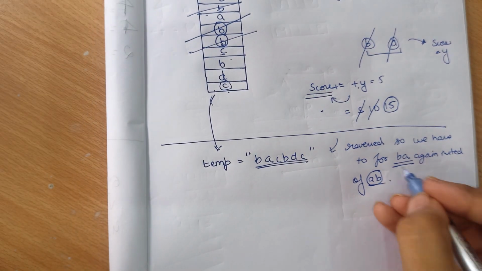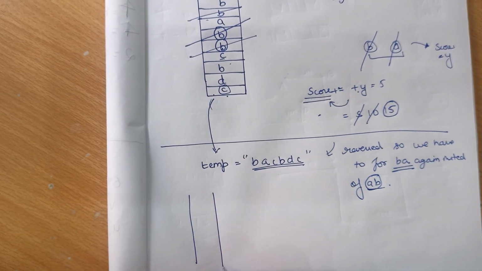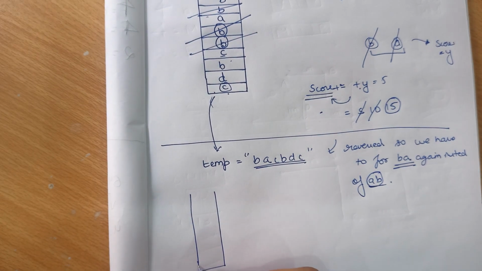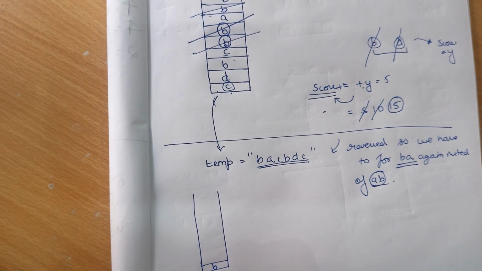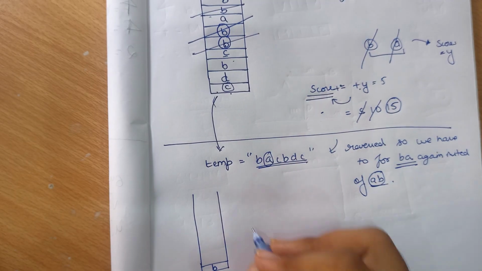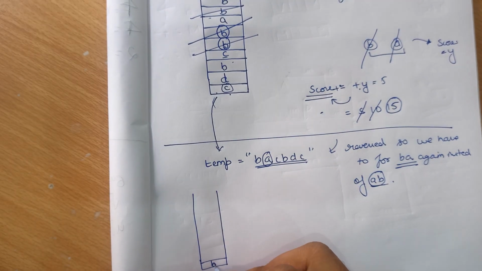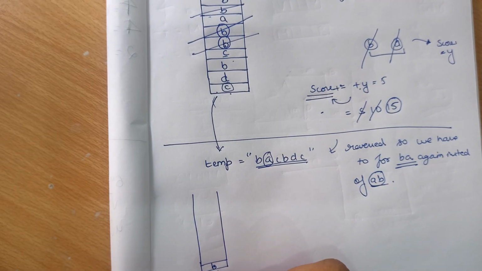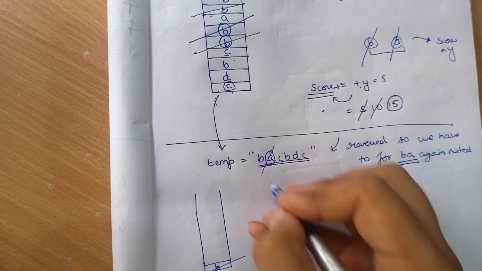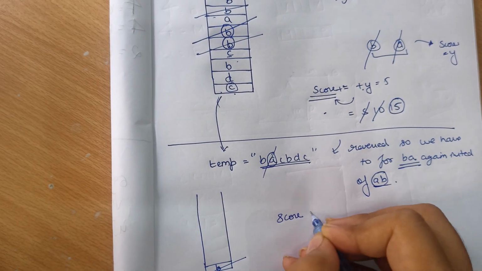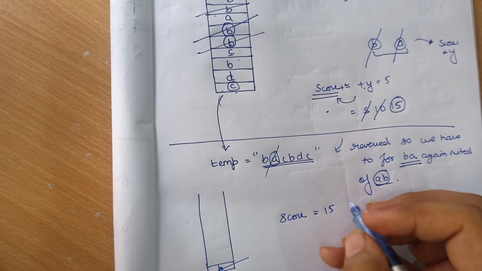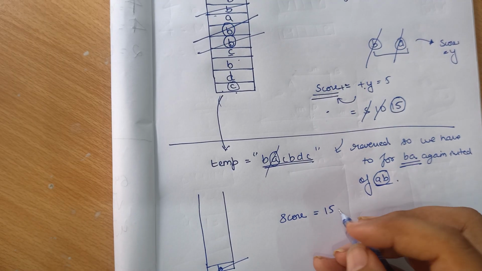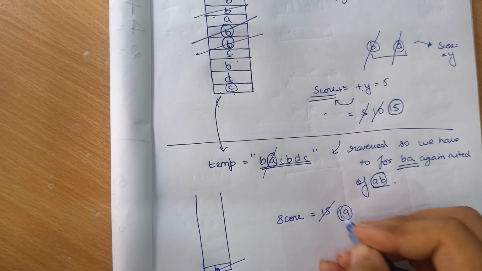So again we made a stack and do the same approach, putting B over here as the stack is empty, and the next element is A. So we have to check whether B is available or not. If it is available, then remove it and add it to the score. Score is earlier 15. Now adding the lesser score, that is 4, so it is 19.